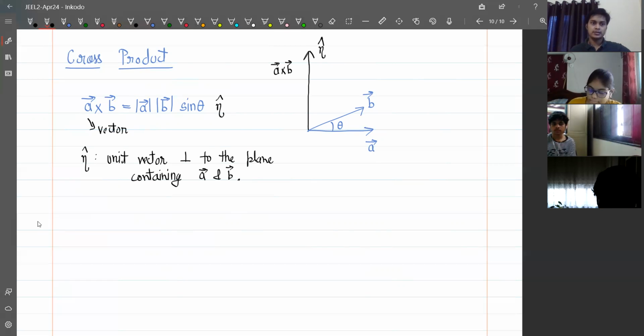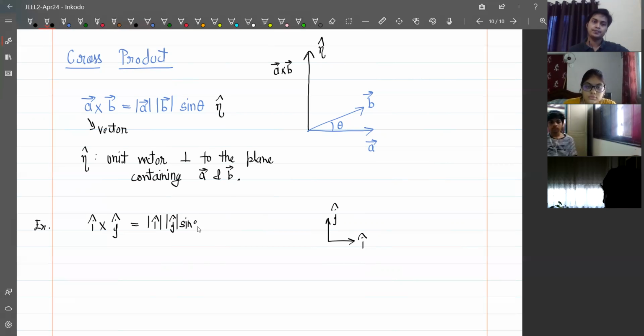For example, if I'm trying to find I cross J, it will be mod of I into mod of J into sine of the angle between them. The angle between I and J is 90 degrees, so sine 90.